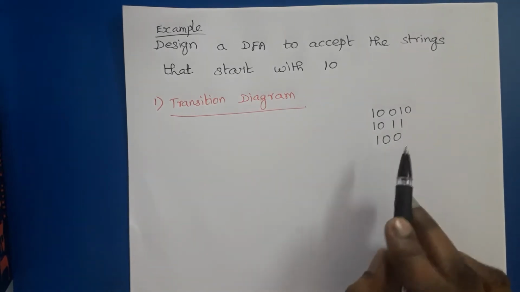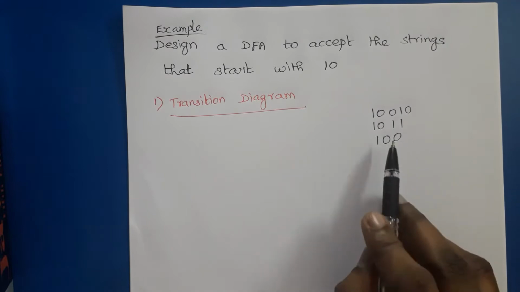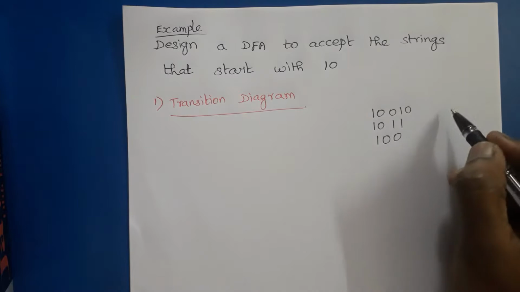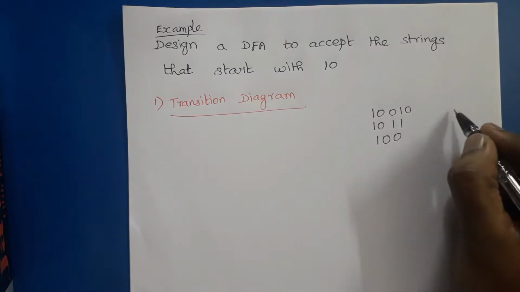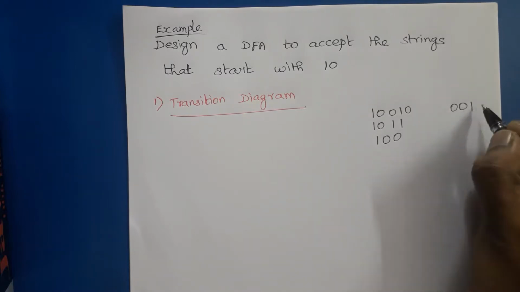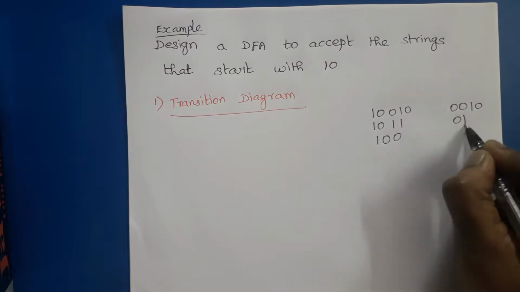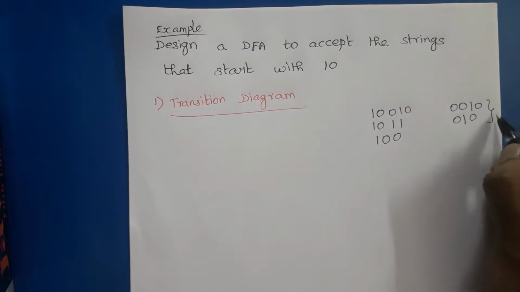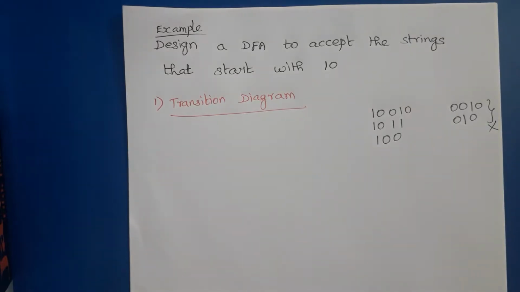These are all correct input strings, and they must be accepted by our DFA. Suppose the strings start with 0010 or 010. These strings should be rejected by our DFA.